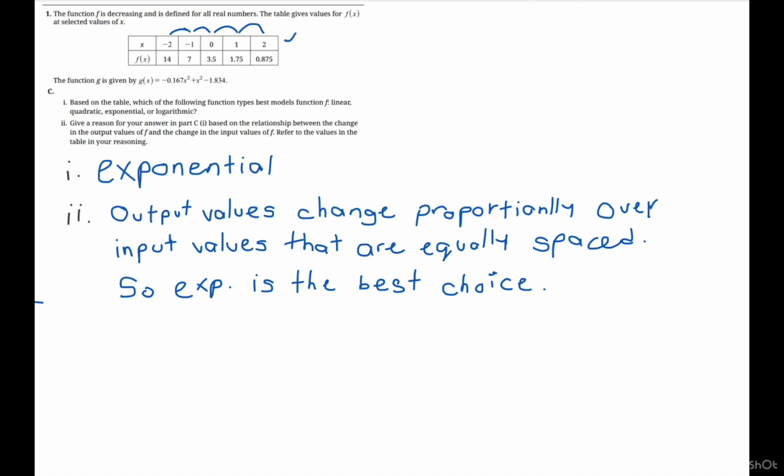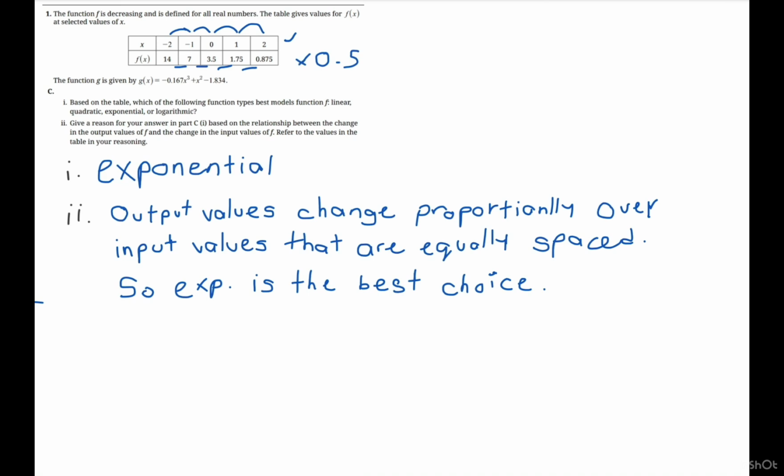And if you look at the outputs, 14 divided by 2 is 7. 7 divided by 2 is 3.5. 3.5 divided by 2 is 1.75, and 1.75 divided by 2 should be 0.875, which means there's a constant factor of multiplying by 0.5.